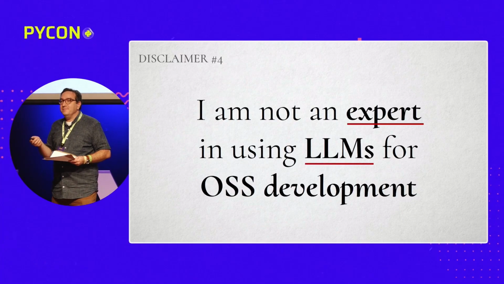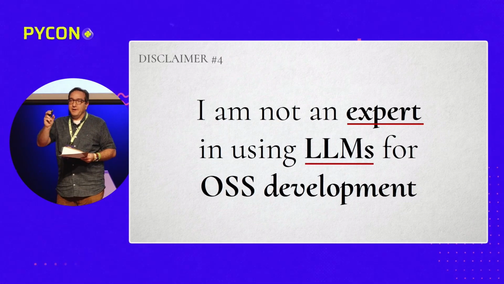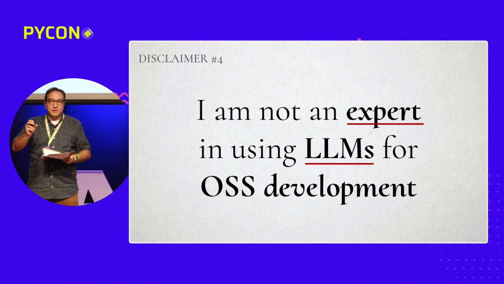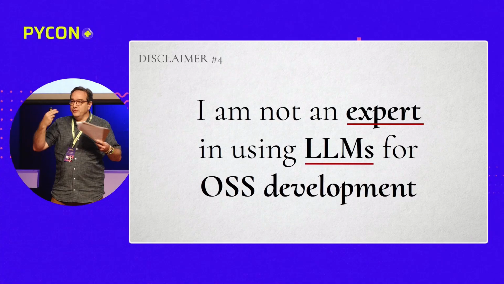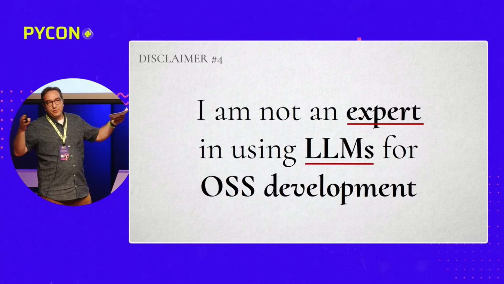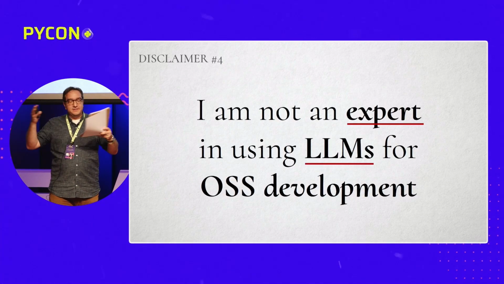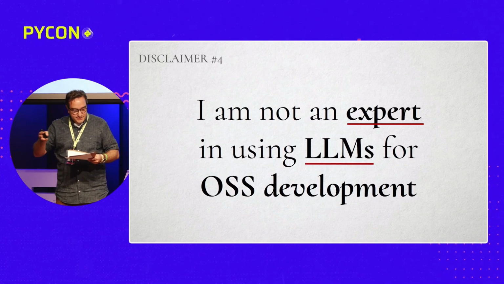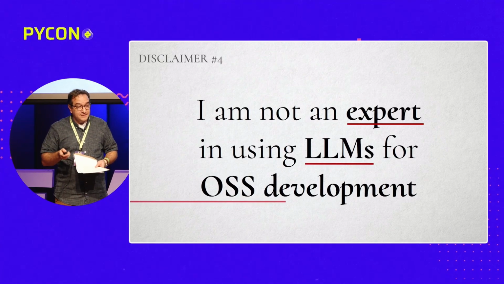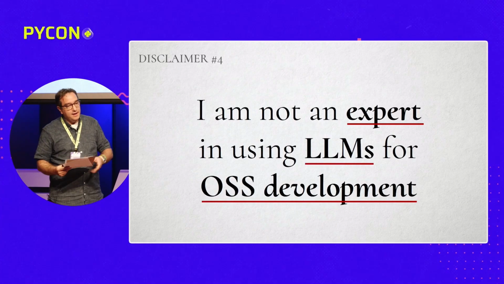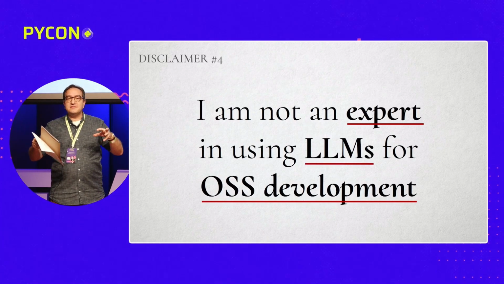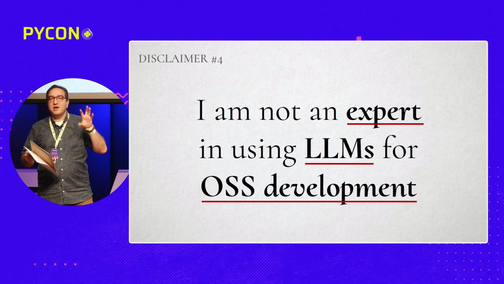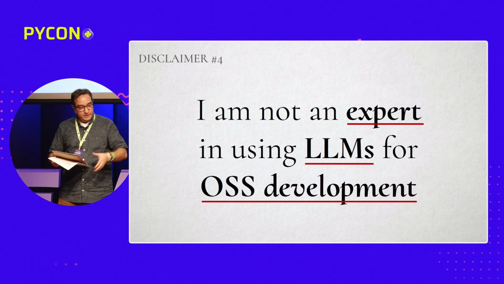And I'm saying LLMs here because I want to be specific. I'm talking about these large language models that are all the rage right now, this new wave of things, and not the broader field of data science or machine learning or artificial intelligence. And lastly, I'm scoping this really far down to just talk about open source software development.